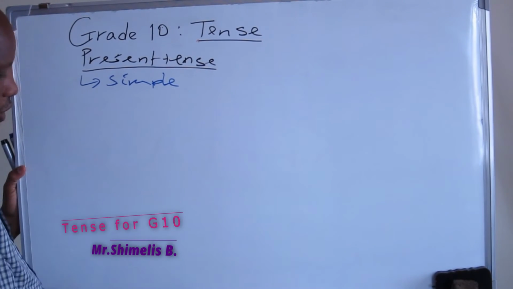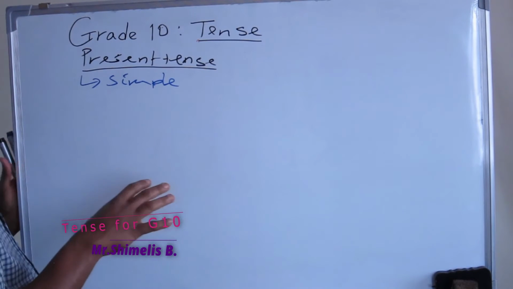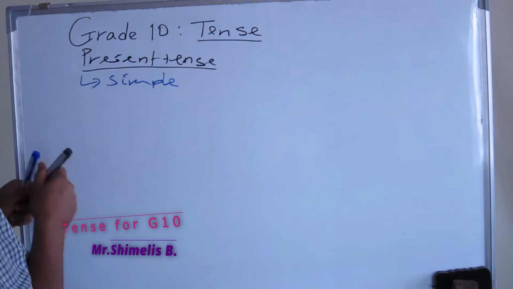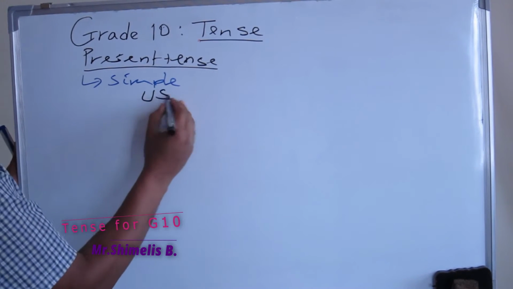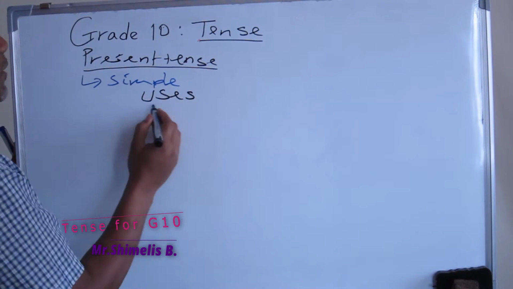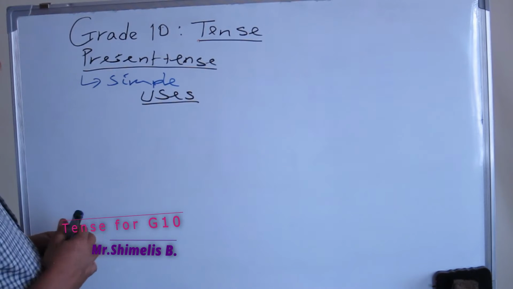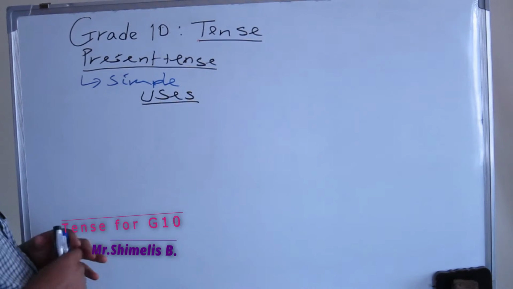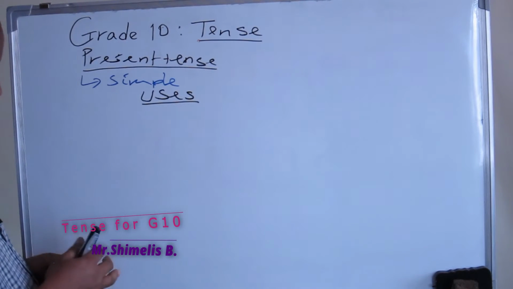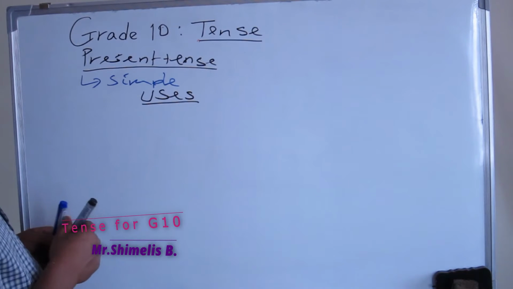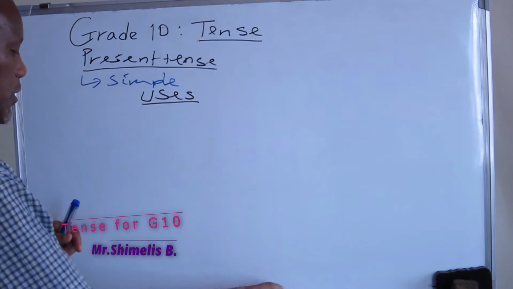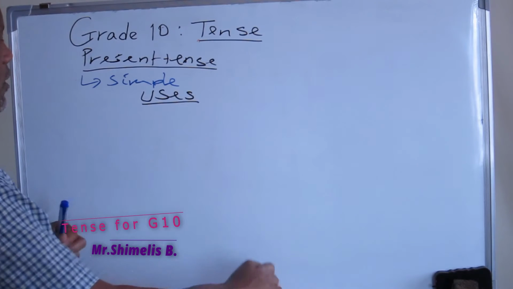What kind of actions are expressed using simple present tense? So first, let's see the uses of present simple. We can use present tense for some actions. The first one, which we always raise, is simple present tense.